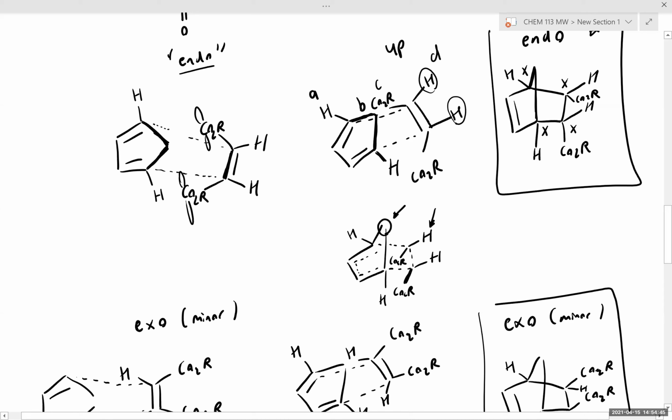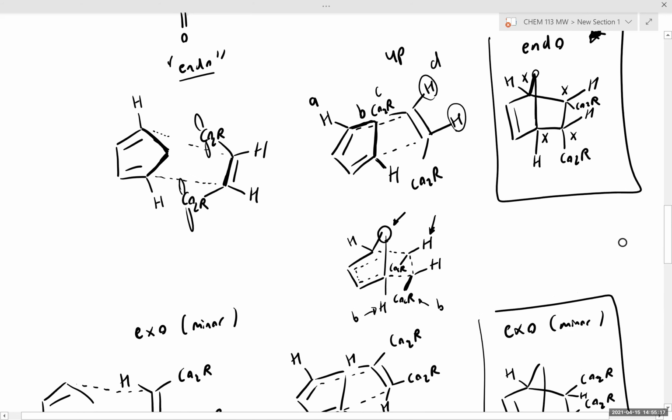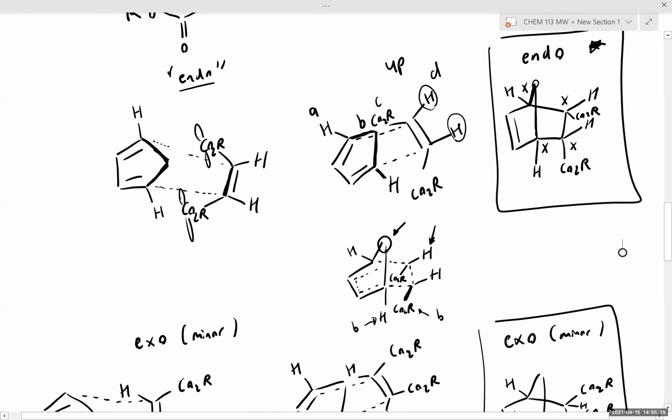Up. Exactly right. So the alkyl group and the hydrogens are both pointing up. Looking at our carboxylate groups, are the carboxylate groups and these other hydrogens that we'll label as B pointing up or down? They're pointing down, right?